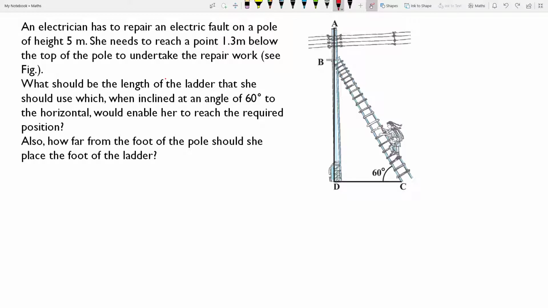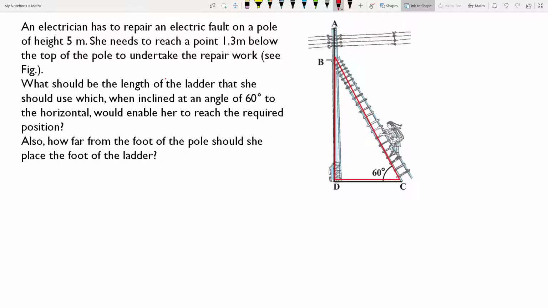Okay, so let us solve this problem. Our focus remains on this triangle, triangle BDC.